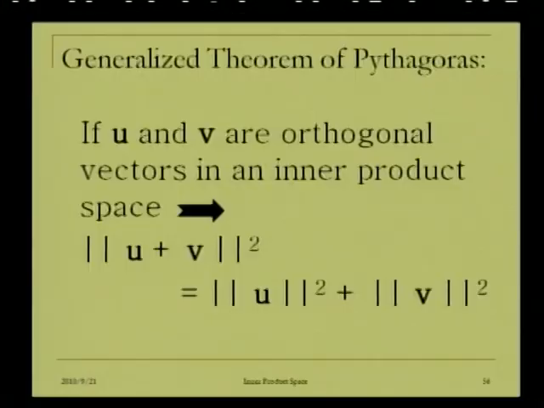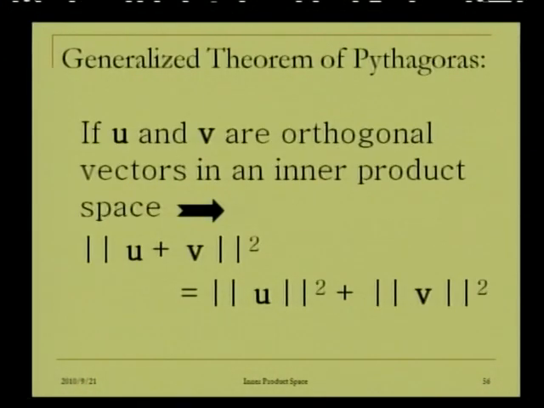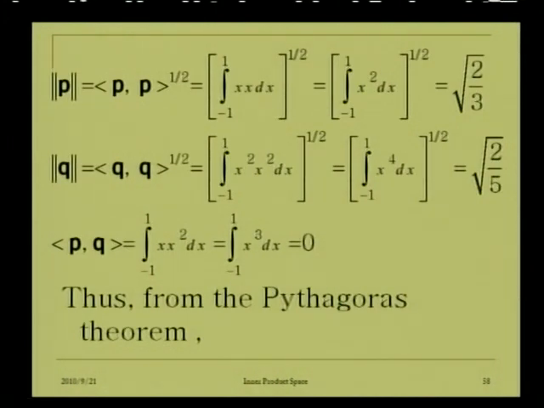So now we go to the next slide. Let us take a particular example. We have considered the vectors x and x square of P2. So the norm of p will be the square root of the inner product of p with itself, and that will be the integral from -1 to 1 of x square dx.